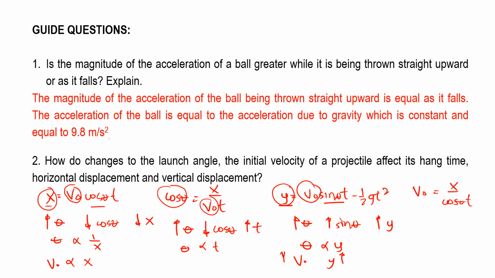So what can we say about the two? If x is constant and theta is constant also, we can see that they are inversely proportional. If there is an increase in the velocity, there will be a decrease in the time, or it will be shorter.